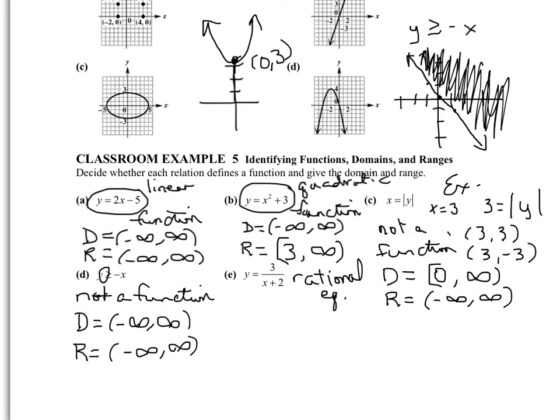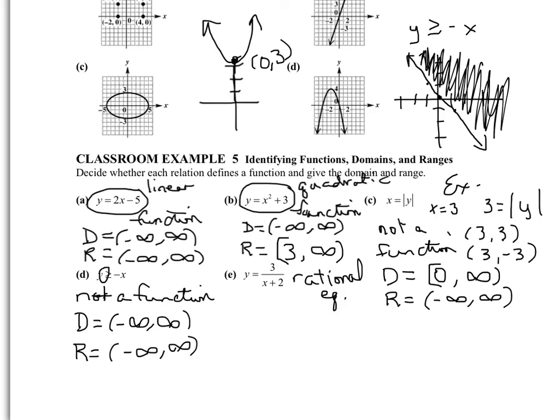And when it's a rational equation, that means because of that variable in the denominator, we've got some values that will be excluded.